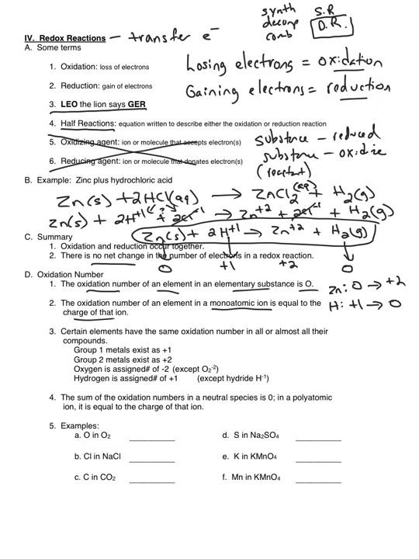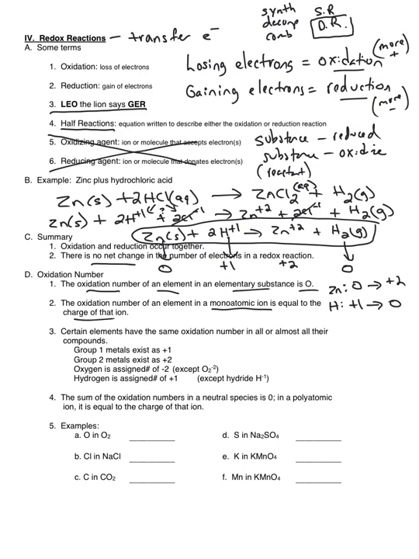Okay, now real quickly, if you look at the definition, is zinc being oxidized or is it being reduced? Losing electrons is oxidation. Well, if something loses electrons, does it become more positive or more negative? If you lose electrons, you're going to become more positive. If you're gaining electrons, you're going to become more negative.